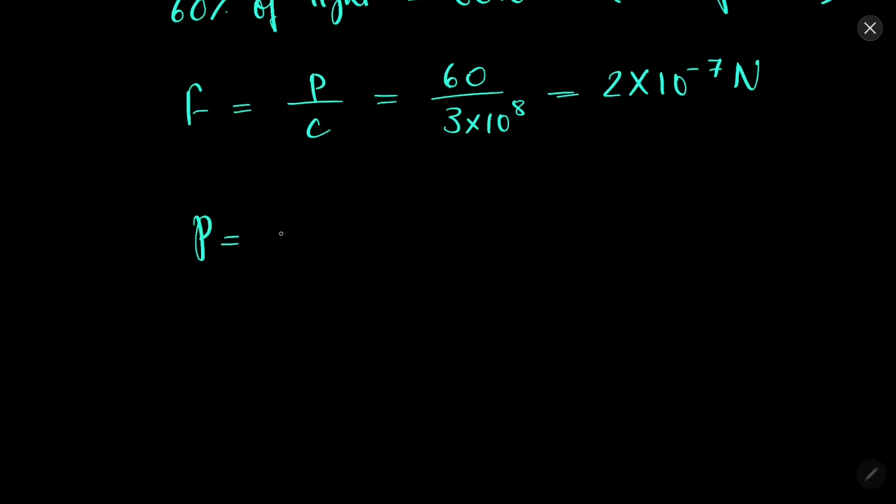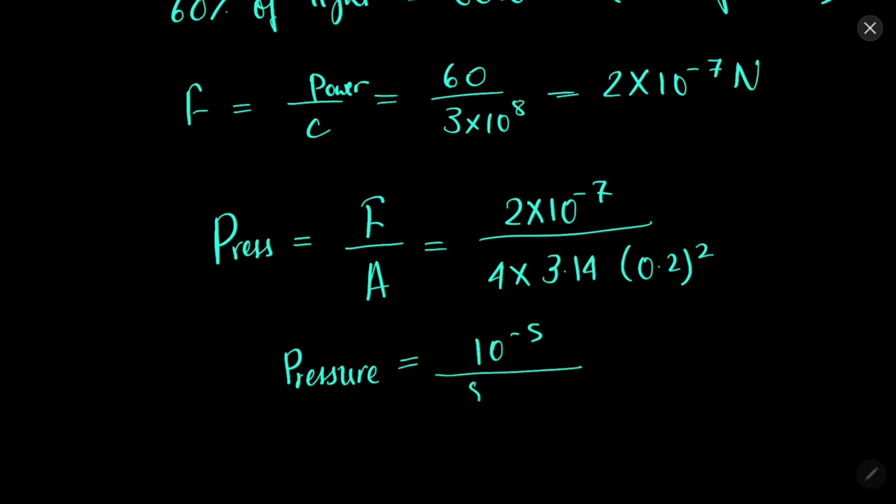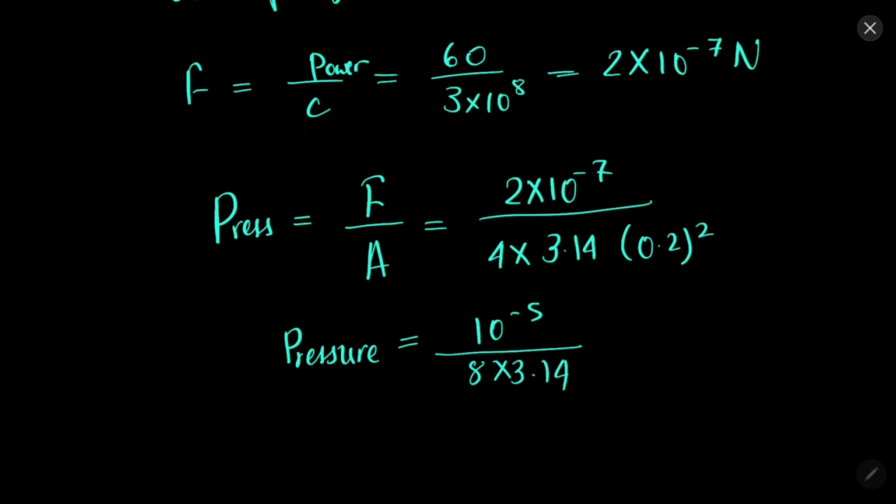We know that pressure is equal to force upon area. Pressure is equal to 2 into 10 to the power minus 7 over the area, 4 pi r square. So pressure equals 10 to the power minus 5 over 8 into 3.14.